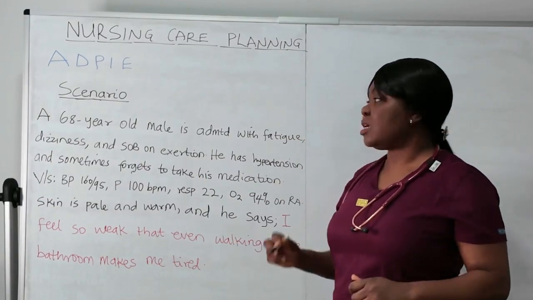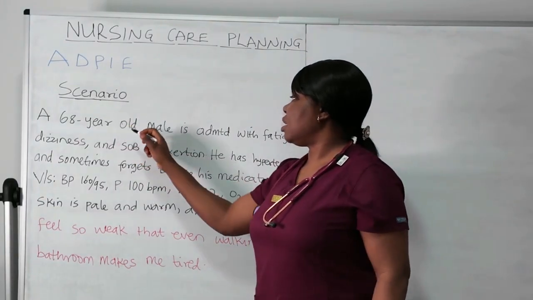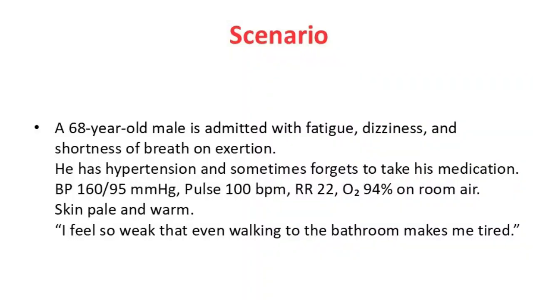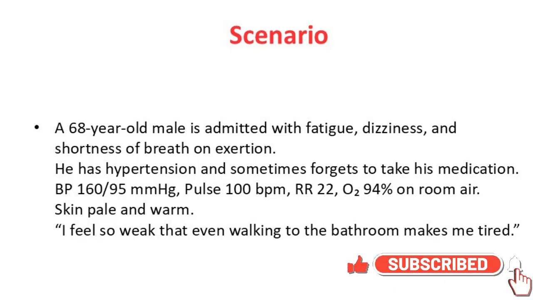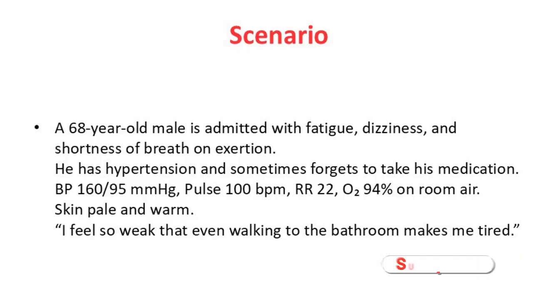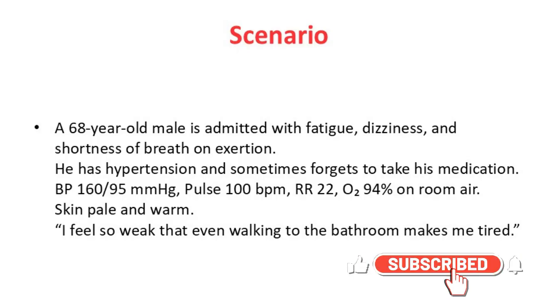Now, the case scenario here is a 68-year-old male admitted with fatigue, dizziness, and shortness of breath on exertion. He has hypertension and sometimes forgets to take his medication. The vital signs include blood pressure 160 over 95 millimeters of mercury, pulse is 100 beats per minute, respiration is 22 cycles per minute, oxygen is at 94% on room air.